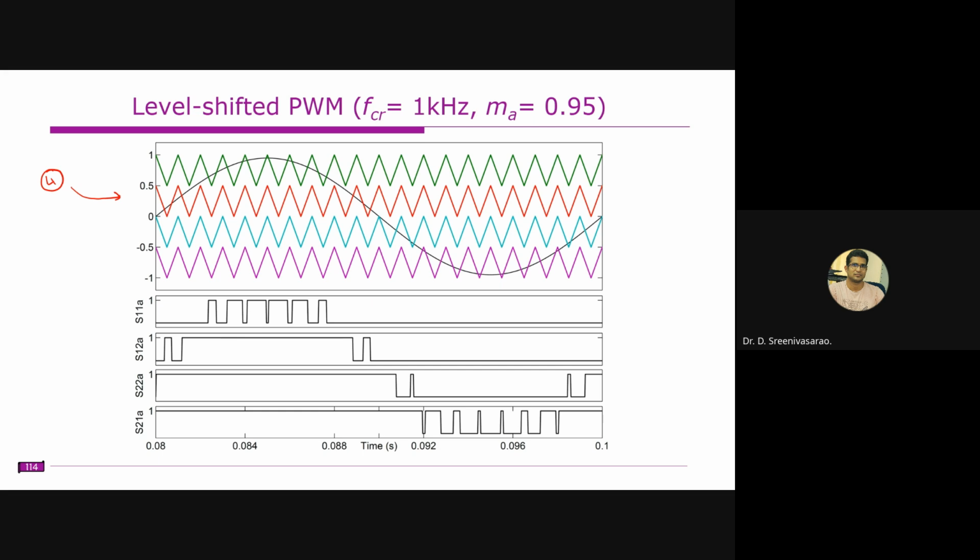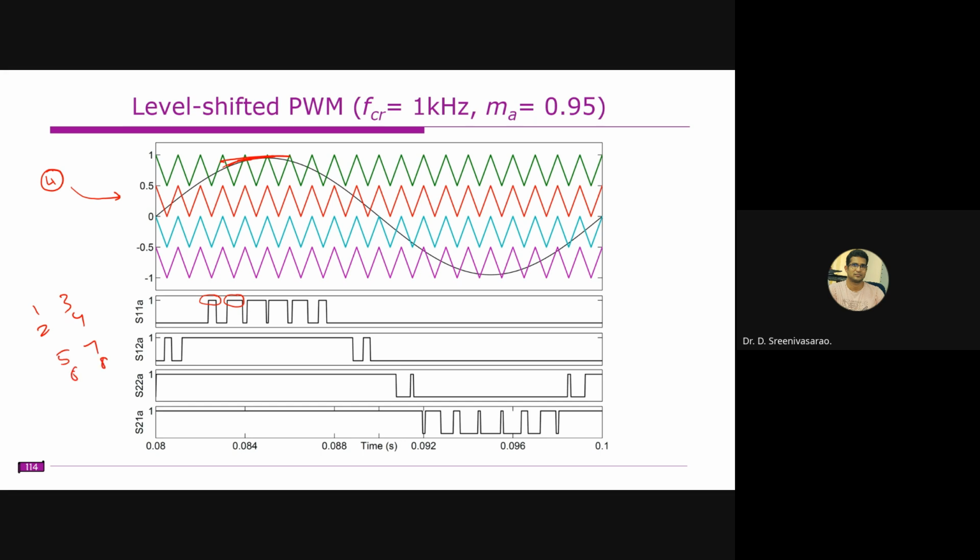Now the interaction of this modulating signal with carrier 1, you can see this is the interaction, and this is producing the firing signals. As we discussed, 1, 2, 3, 4, and like this, 1, 2, 3, 4, 5, 6, 7, 8.